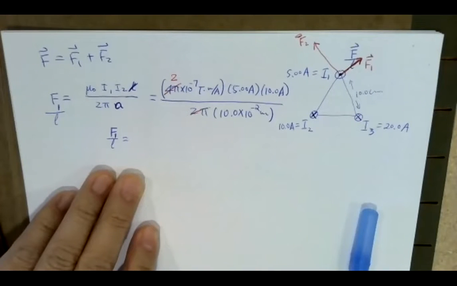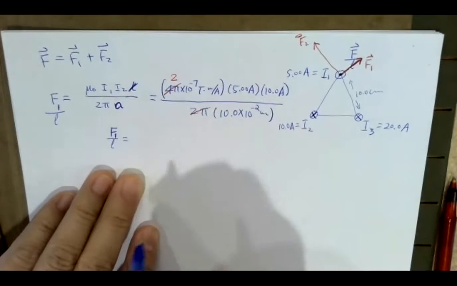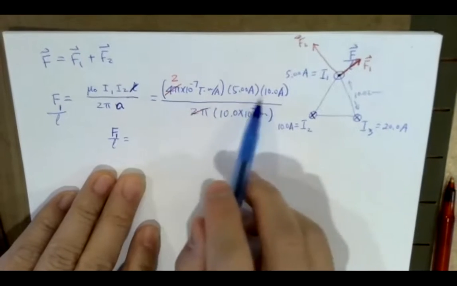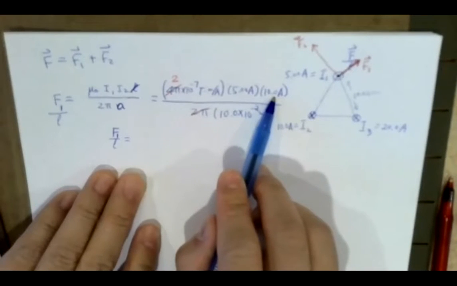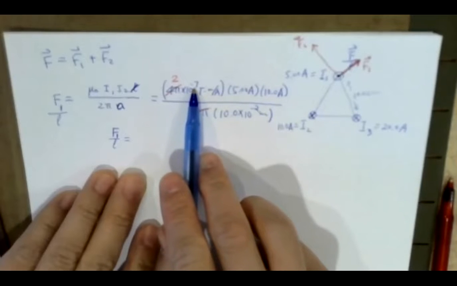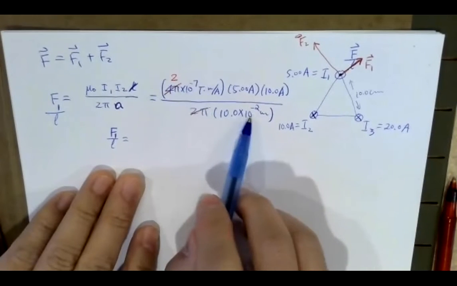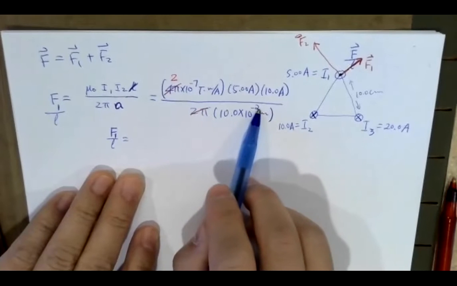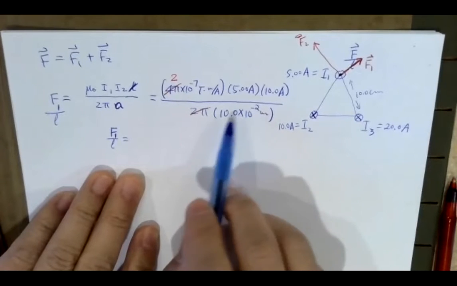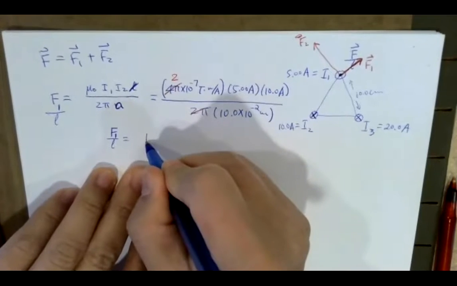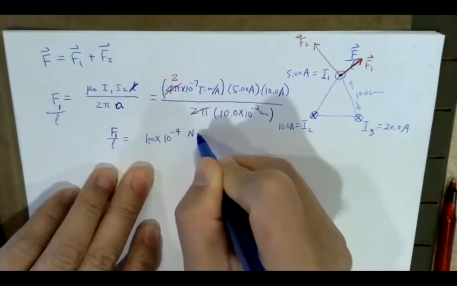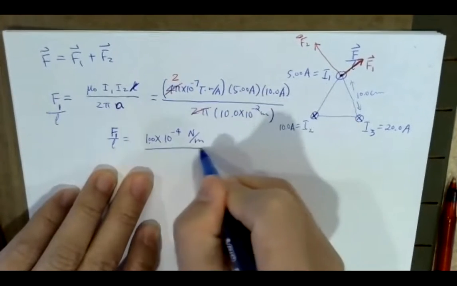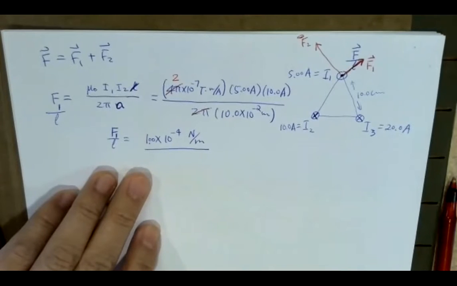I don't think you need a calculator for this. 2 times 5 will be 10, 10 times 10 will be 100, and that will reduce this by a factor of 2, so 10 to the minus 5 over 10 to the minus 2 will be 10 to the minus 3, but that's 10 here, so 10 to the minus 4. So it should be 1.00 times 10 to the minus 4 newtons per meter, for your F1 per meter, or F1 divided by L.